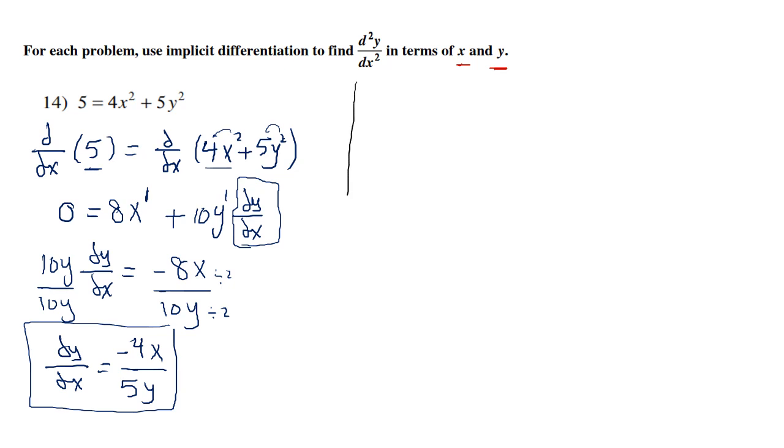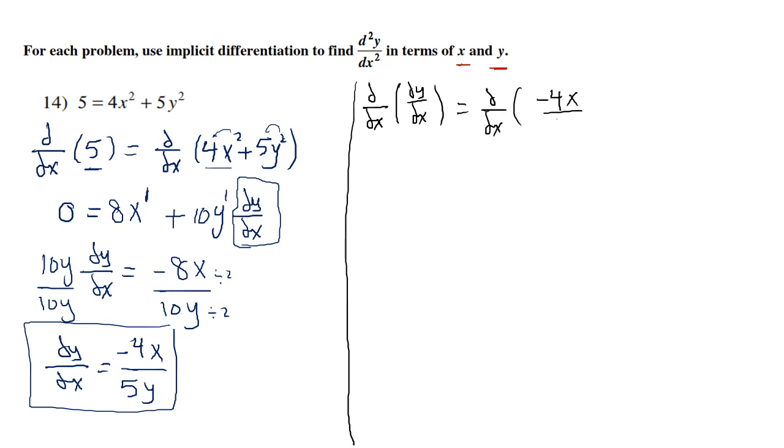Now I want to find the second derivative, so d by dx of dy by dx on the left hand side, and d by dx of the right hand side, which is negative 4x over 5y. The one on the left will give me the second derivative of y with respect to x, and the right hand side is a quotient rule.